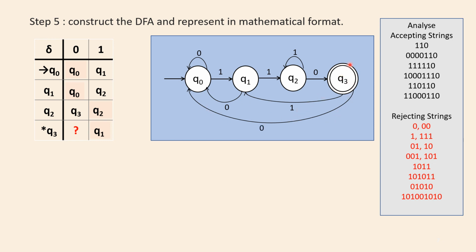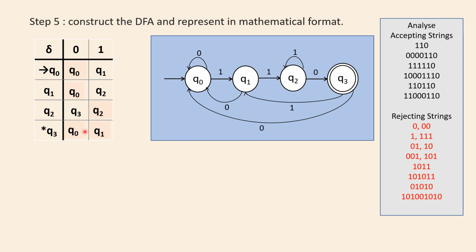I cannot loop zeros in Q3 because 110 followed by n number of zeros will get accepted by the DFA, which is not correct. So I am giving zeros back to Q0 because Q2 is a state looping ones and Q1 is a state accepting ones and Q0 is the only state which is looping zeros. So if I give back 0 here, 110 will reach the final state.